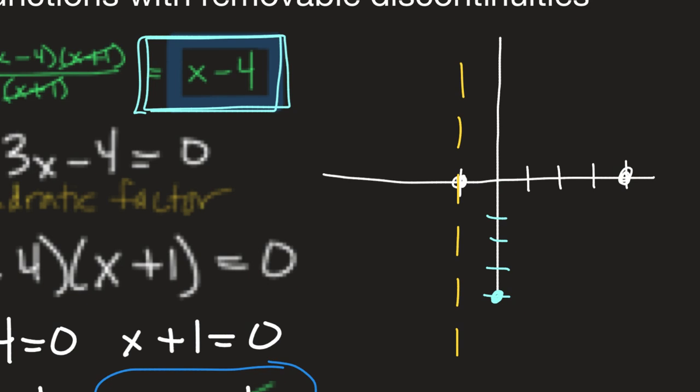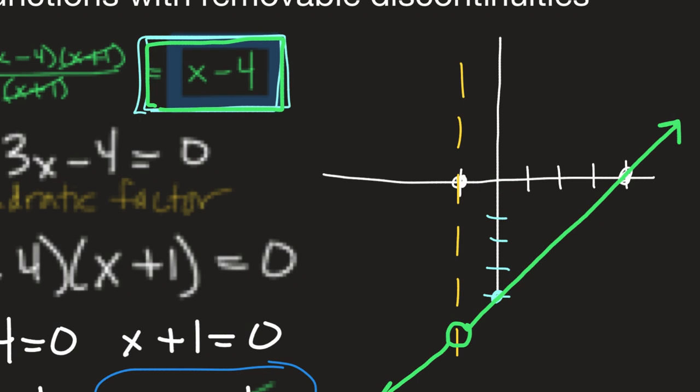So we're going to finish this off by actually graphing it. We're graphing, remember, the line x minus 4. Okay, with one little exception. When it comes to your x equals negative 1 spot, we're going to put a hole there. Okay, so our graph looks exactly like y equals x minus 4.